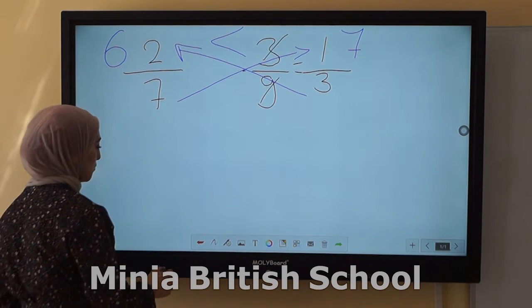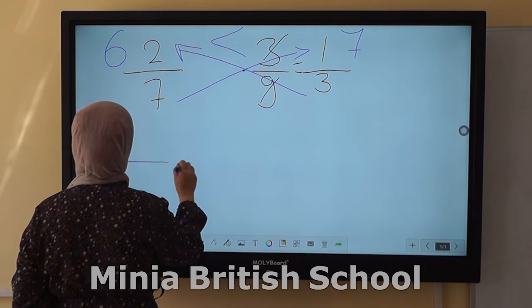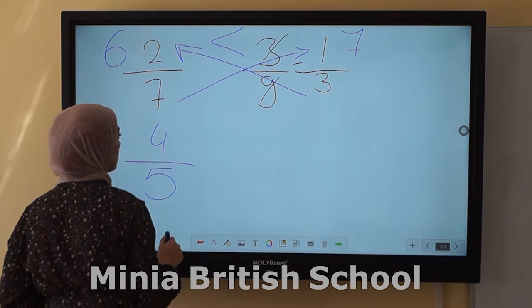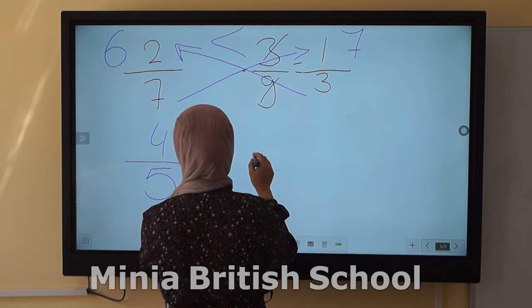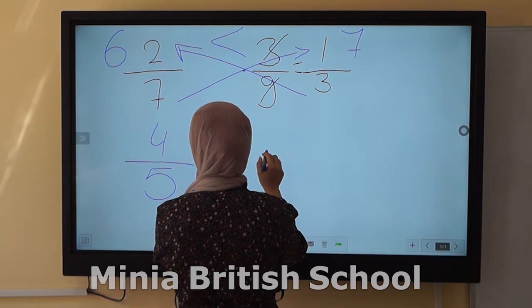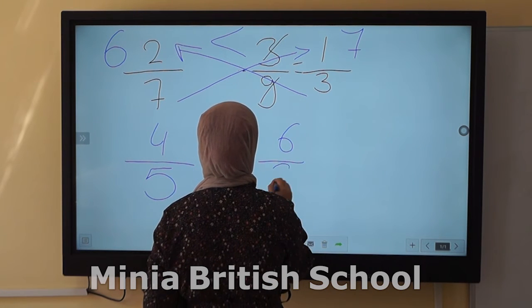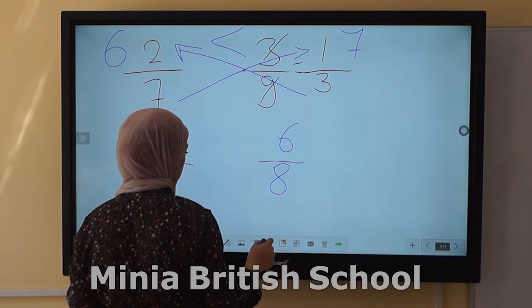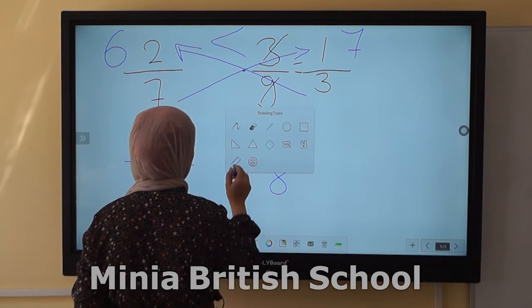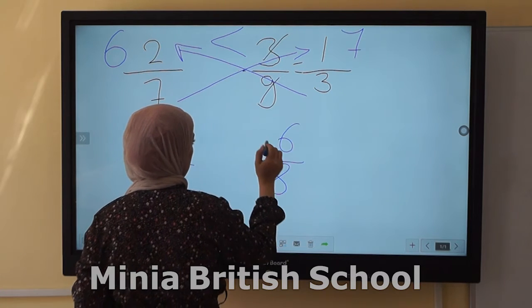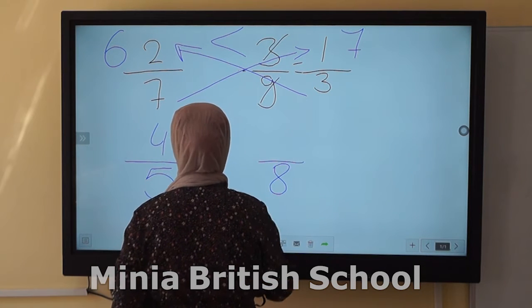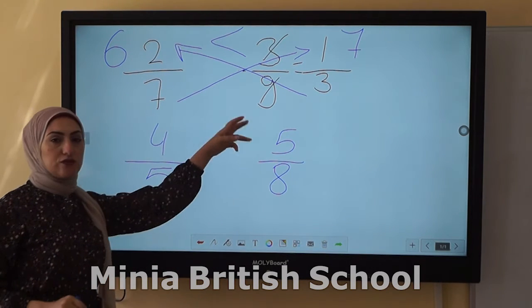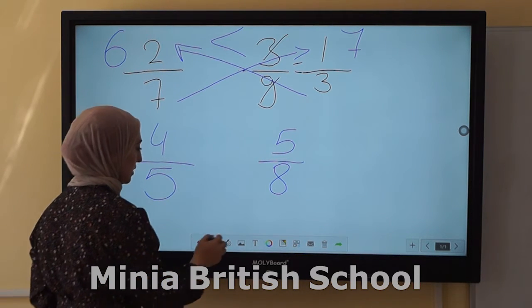Again, another one. Here you can simplify it. Make another one. 4 over 5 and 5 over 8. Okay.